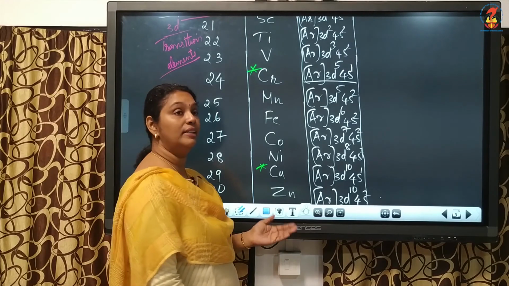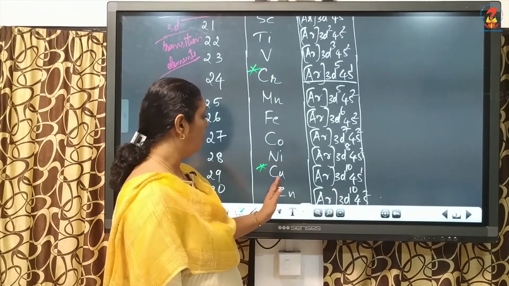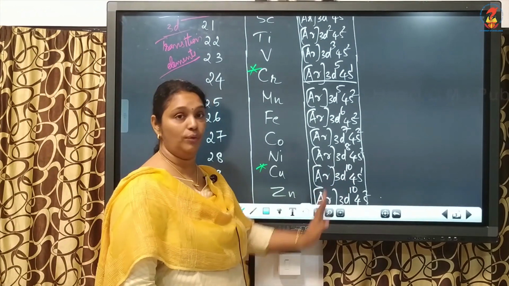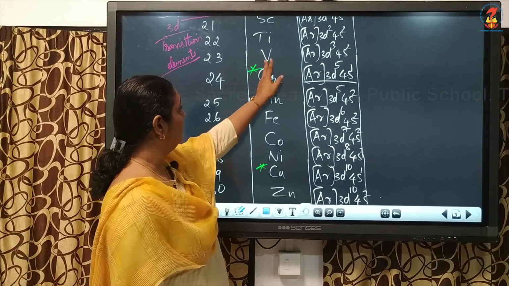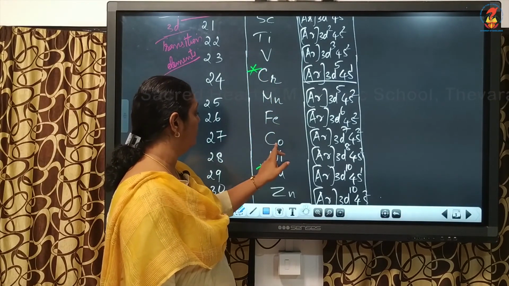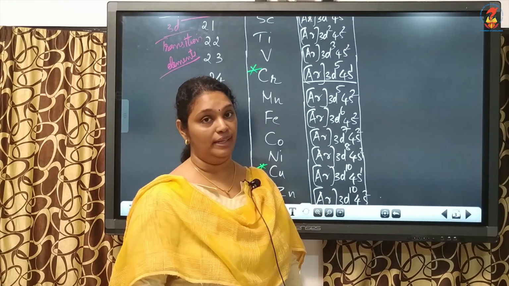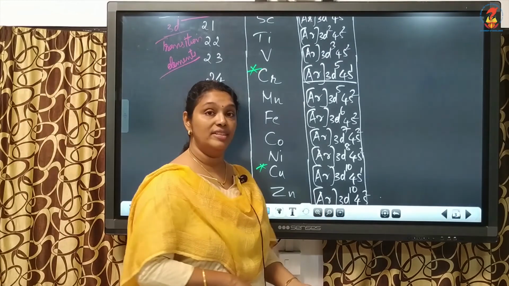Chromium, instead of taking 3d4 4s2, took 3d5 4s1, and copper, instead of taking 3d9 4s2, took 3d10 4s1. Okay, so 10 elements: scandium, titanium, vanadium, chromium, manganese, iron, cobalt, nickel, copper, zinc, whose 3d orbital gets completely filled.